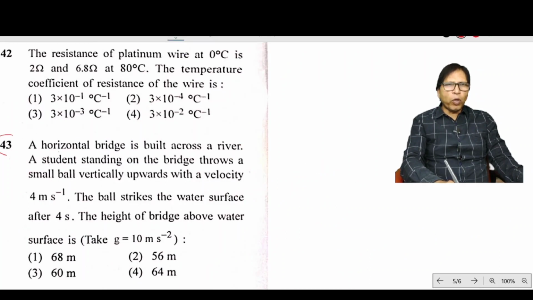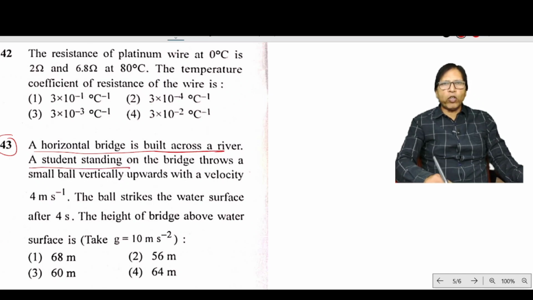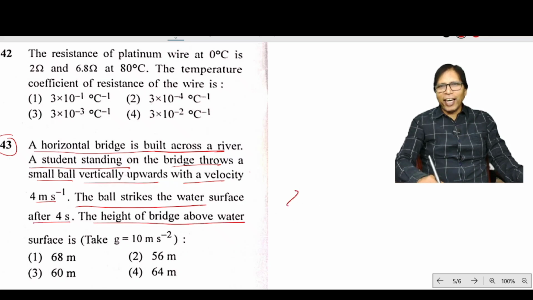Now question number 43. A horizontal bridge is built across a river. A student standing on the bridge throws a small ball vertically upward with a velocity of 4 meters per second. The ball strikes the water surface after 4 seconds. The height of the bridge is ut plus half gt square.